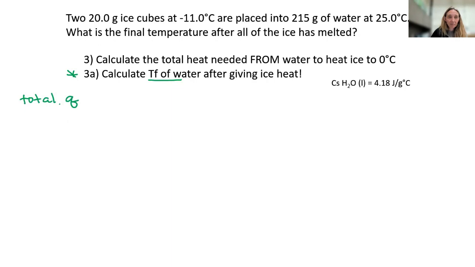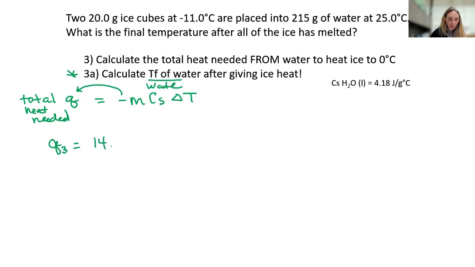Okay, so total heat needed is going to equal negative MCS delta T. And the water is going to give the heat to the ice. This is my water. This is my ice. From step 3, the heat is 14,267.7 joules.